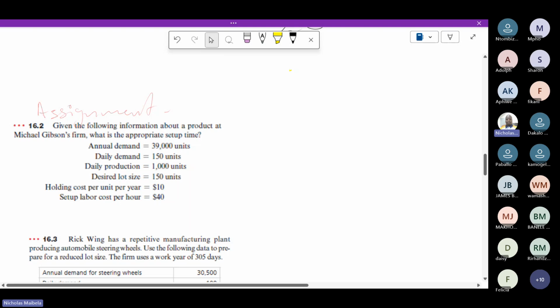Proper time assignment: you're going to write it, take a photo of it, and submit. For the industrial group, I want this assignment by hand.